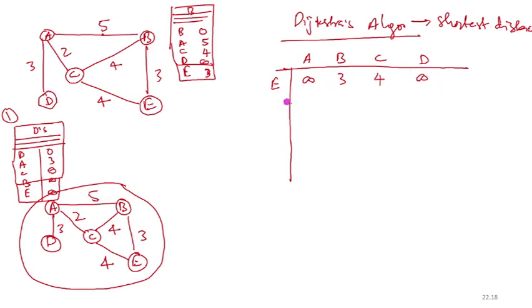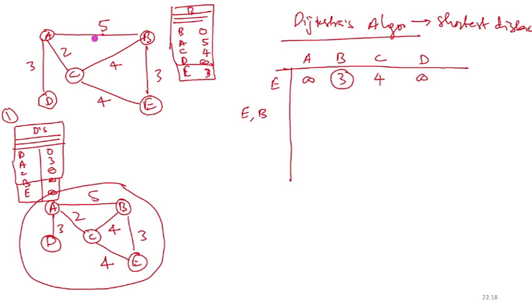Out of that, now we will consider the smallest one. So this is the smallest one out of these. So now we will make it into the permanent list. After E we need to go to B for the smallest distance. Okay, so now from E to B we have reached. From B can we go to A? Yes, we can, with the weightage of 5.